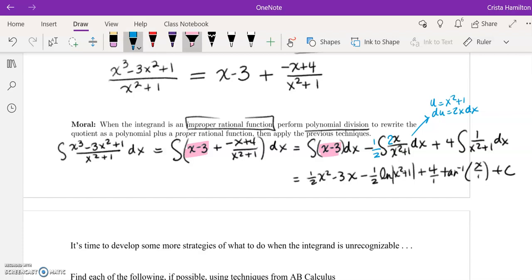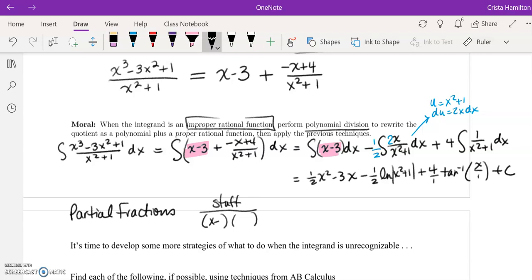Now, I will tell you the last technique, there may be more than this in BC Calc, but the one that I do know, there is a technique called partial fractions. And partial fractions looks at this idea of if you have a fraction that has stuff here in the top and two factors in the bottom, like x minus 2 times x plus 3.